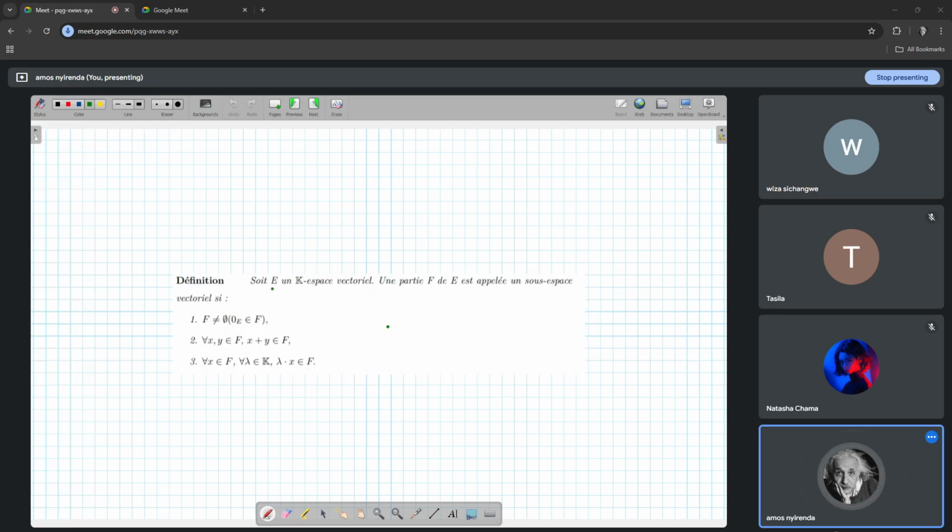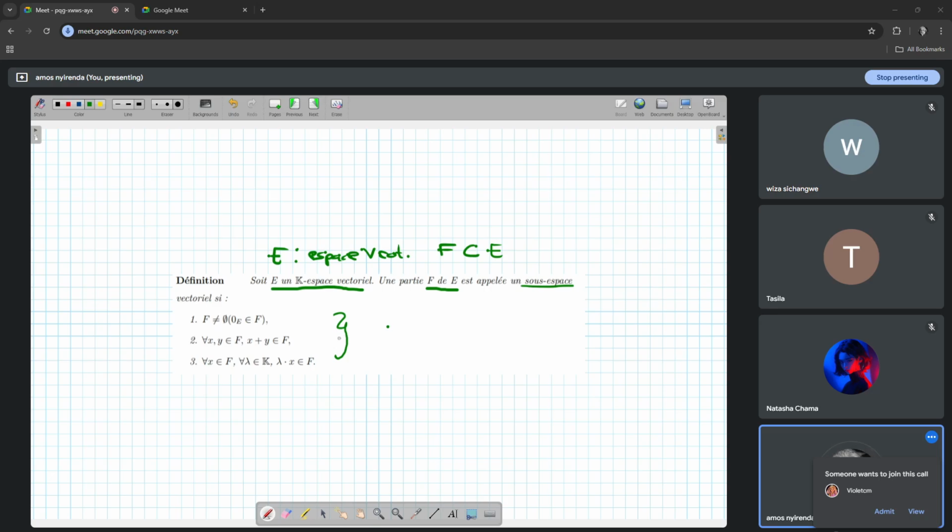Soit E un espace vectoriel, une partie F de E. So we give ourselves some subset F of E. So here E is an espace vectoriel, and then F is a subset of E. F is going to be known as a sous-espace vectoriel of E if F satisfies the following 3 conditions.